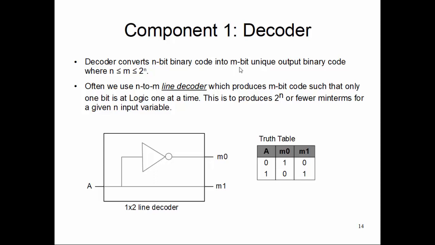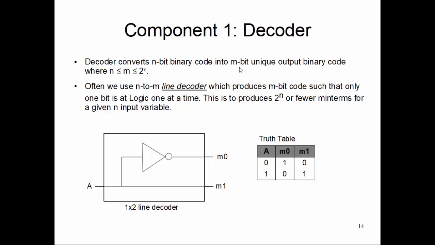At least in this class, if I use the term n-bit line decoder, I mean there are n inputs and 2 to the power n outputs. Unless I specifically say, for example, a 4 to 8 line decoder.